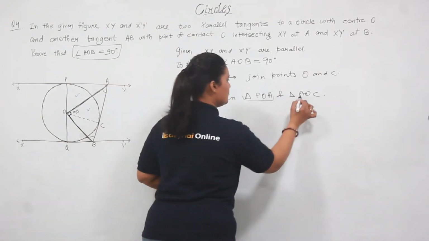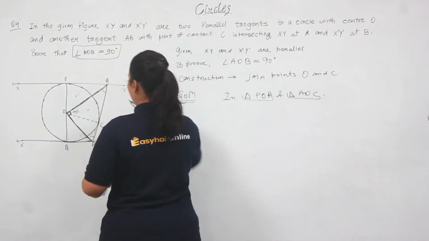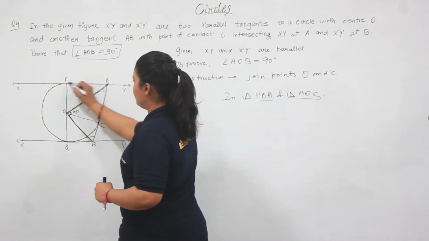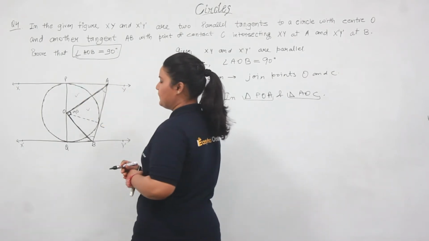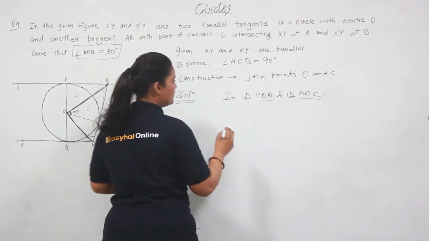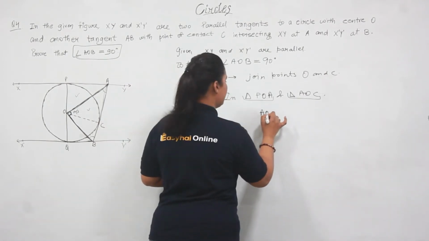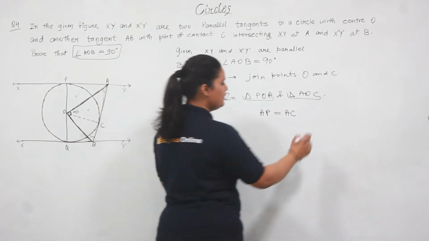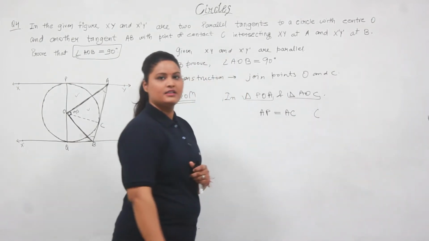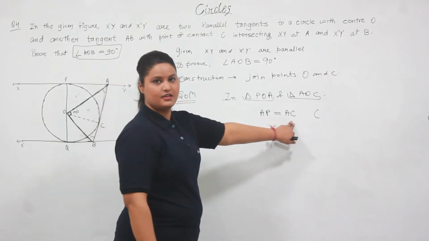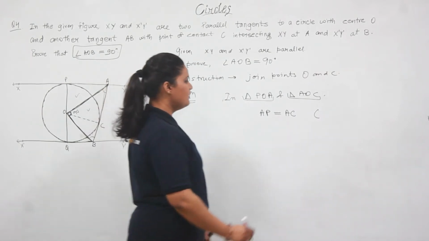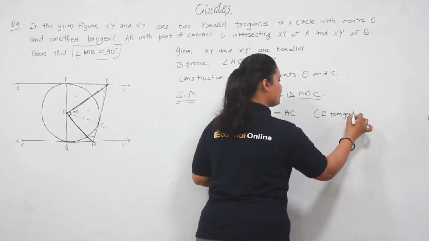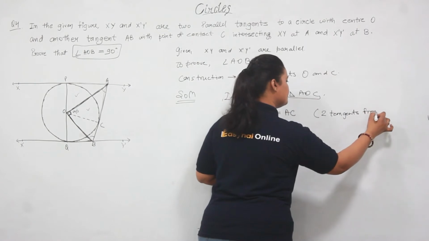Now just look at the triangles. From the point A, there are two tangents, PA and AC. Correct? There are two tangents, AP and AC. These two will be equal by the theorem that tangents from any external point are equal in length. Two tangents from the same point. Clear?